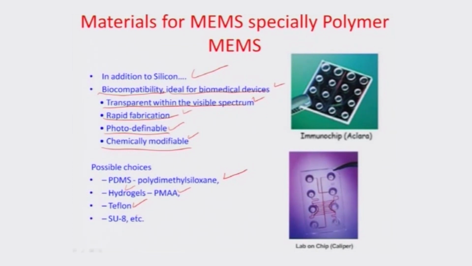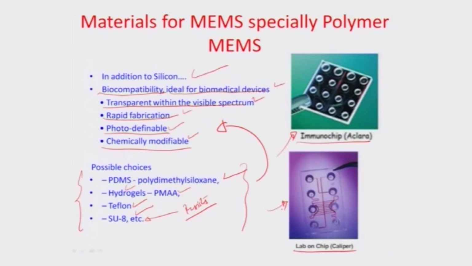And then some polymers like SU8 and S1813 are classes of polymers known as resists. So, all these are some of the choices that polymers have to offer, with one or more of the properties that have been indicated here. And to exemplify a few polymers used in commercially available MEMS platforms, you can look at this chip, an immunochip from Aclara Technologies, or this lab on chip from Caliper Systems.